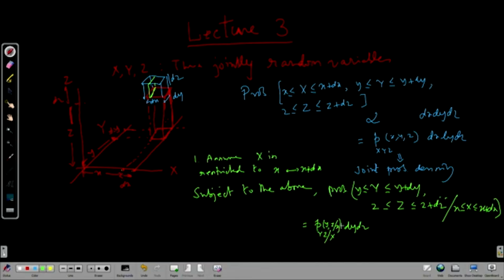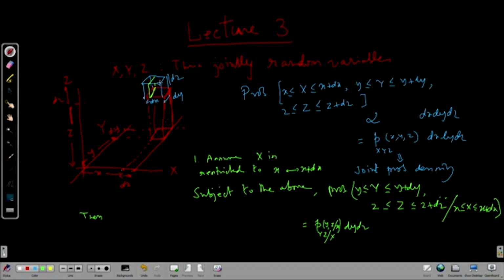Okay. So, then the overall chance of capital X, Y, Z lying within the box will be how much? First, we subject capital X to lie here and then find the probability of Y, Z lying within this box, any box. Now I have to multiply that by the chance of capital X lying from here to here.